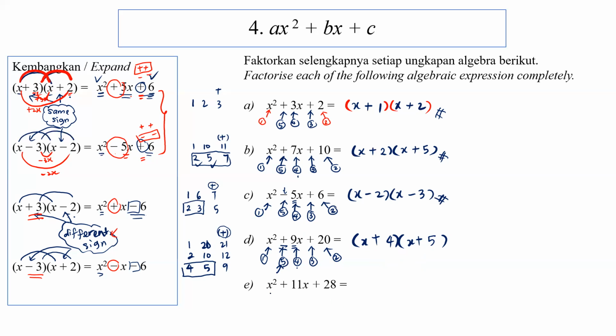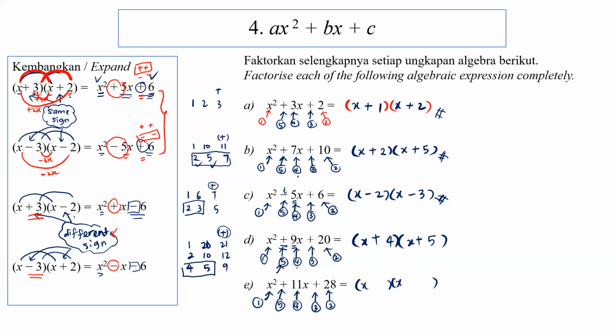Okay, let's move on with this one. X squared, first step. Second step with 28. Third step with this plus sign. Fourth step with the number. And last step with the sign here. So to get x squared, put the bracket, x times x.